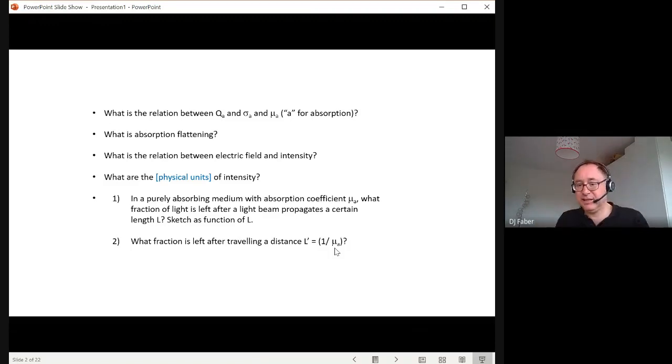And that balance, that is what the formulas do. That is what the derivation does. It tells us what absorption coefficient we will measure.